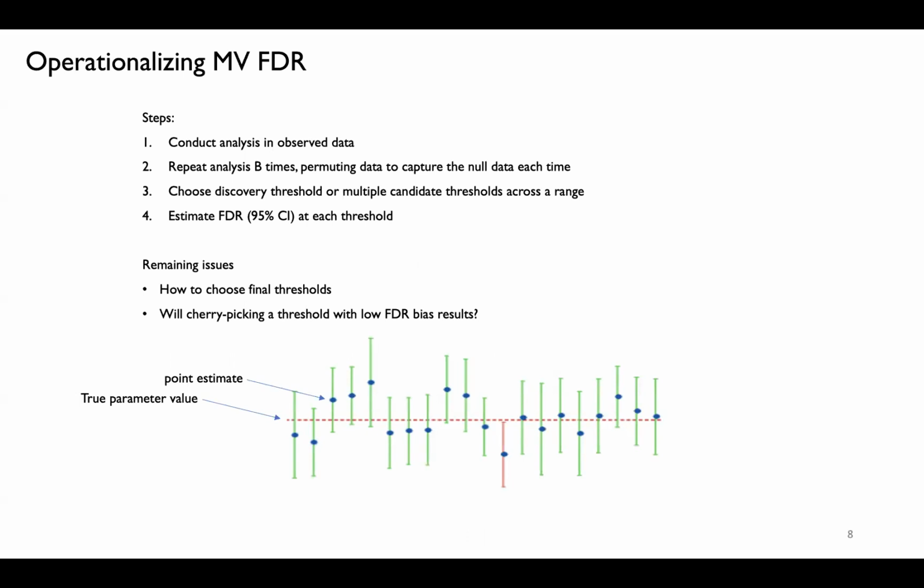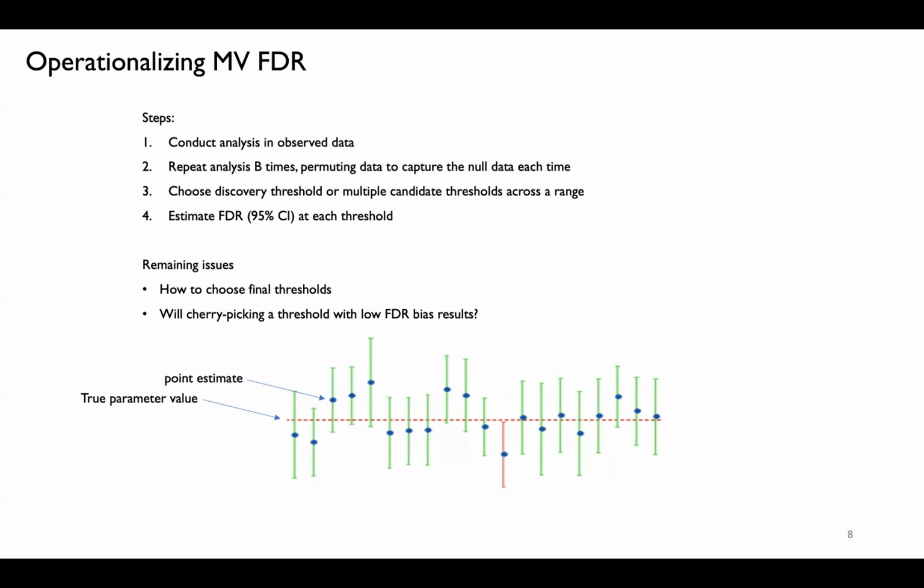Okay, so how would we actually operationalize this? With the BHFDR, it's very straightforward, right? The way you're supposed to use BHFDR, we choose an alpha beforehand, usually at 0.05, and then we generate our data and we apply the BH approach, and that gives us the rejected tests.